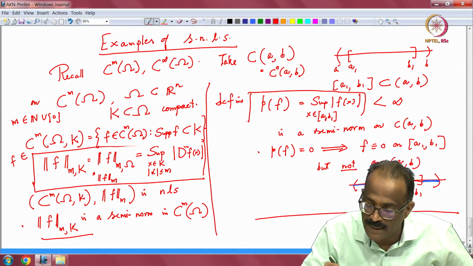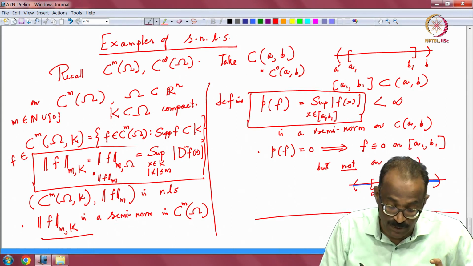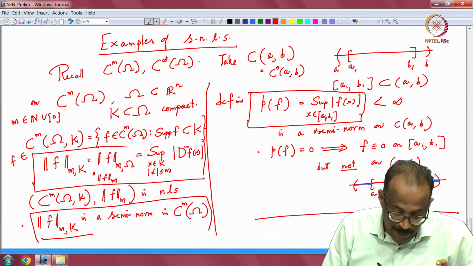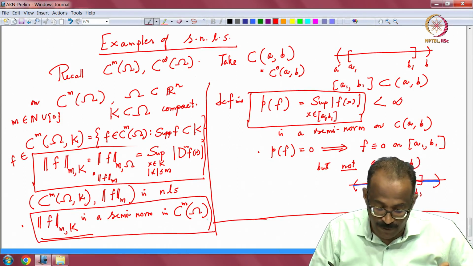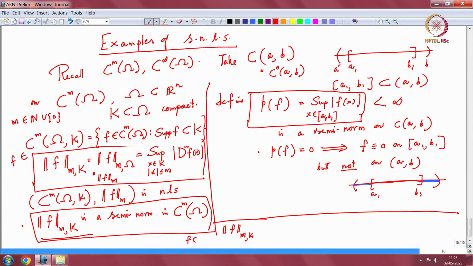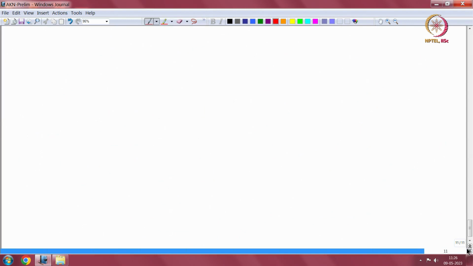This is a seminorm, very important, and for f in Cm, norm f at mK equal to 0 will only imply f equal to 0 on K, not in omega. That is the first thing you want to do.